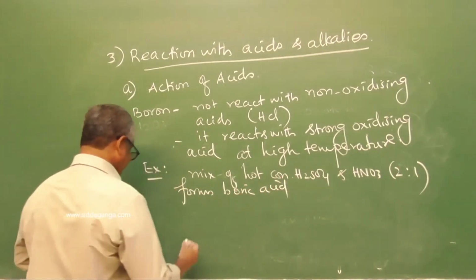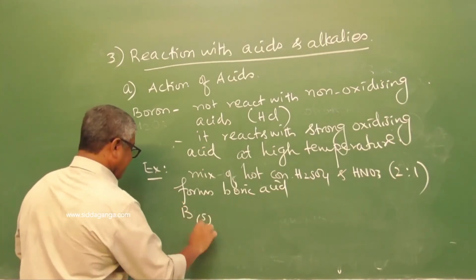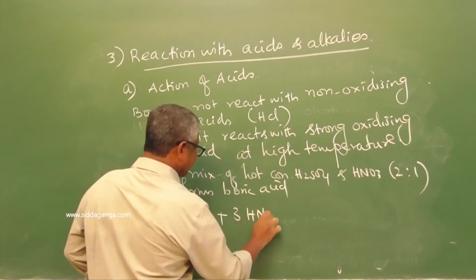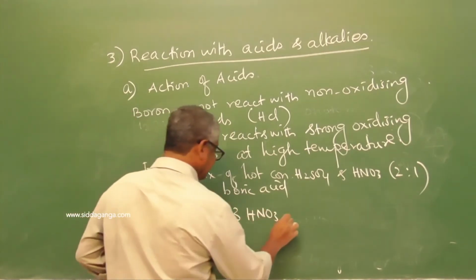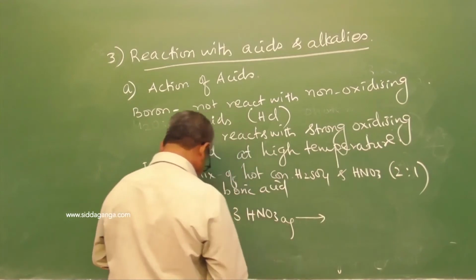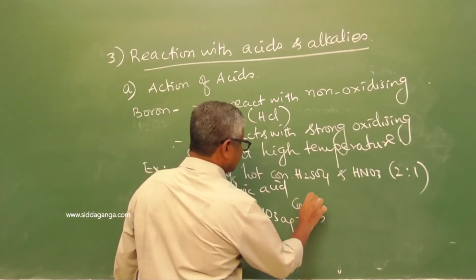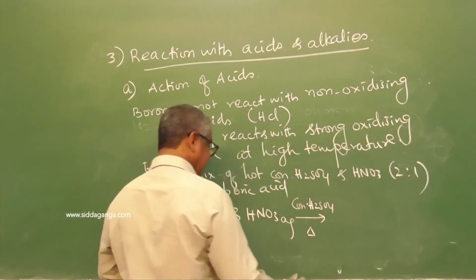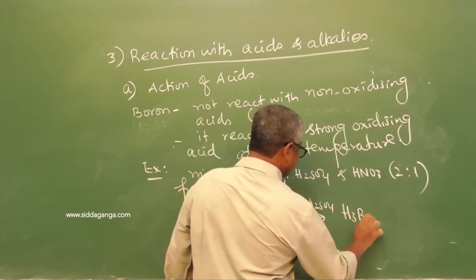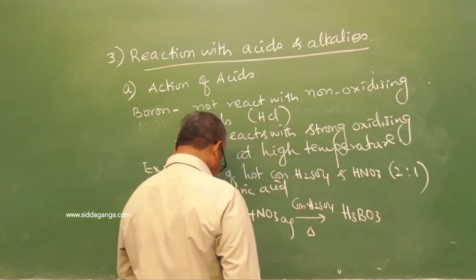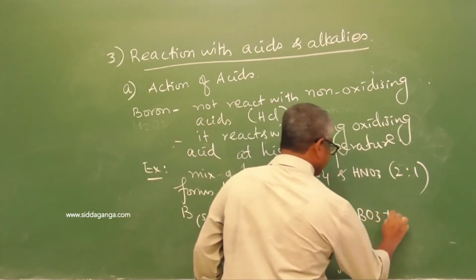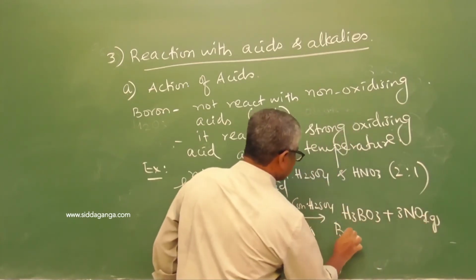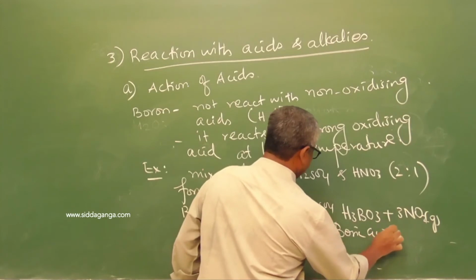The reaction is boron solid plus 3 molecules of aqueous nitric acid, in presence of concentrated H2SO4 on heating, gives H3BO3, boric acid, with liberation of nitrogen dioxide gas. So this is the boric acid.